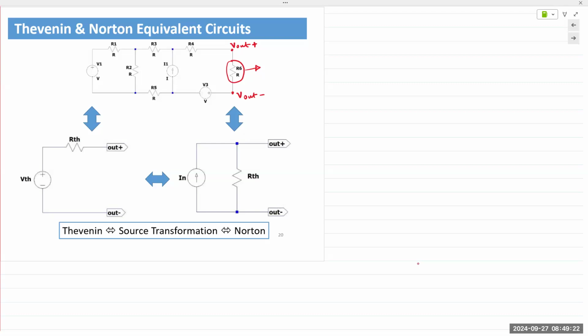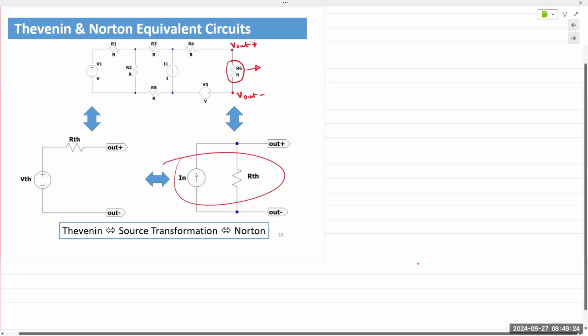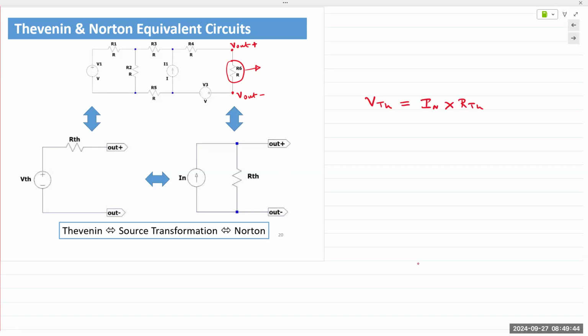And that came to be known as the Norton theorem. Okay. And obviously, Ohm's law connects the three. V equals IR, Thevenin voltage is equal to Norton current times the Thevenin resistance.